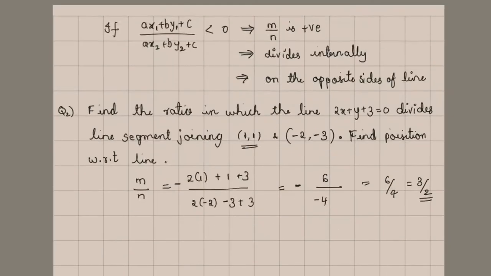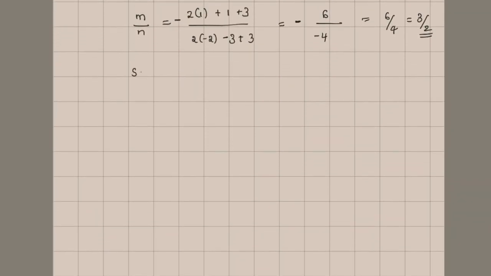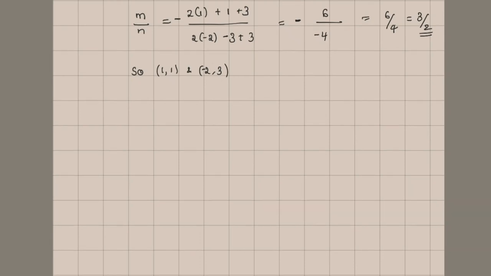So we will write: 1 comma 1 and -2 comma -3 lie on opposite sides of line 2x plus y plus 3 equals 0.